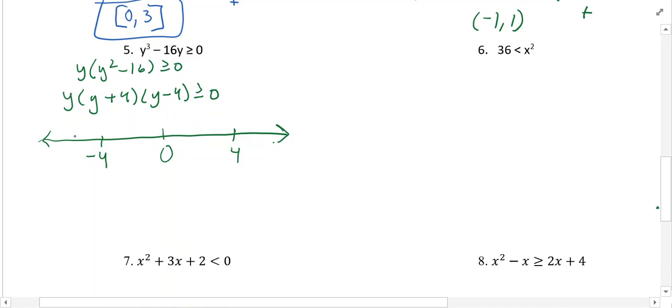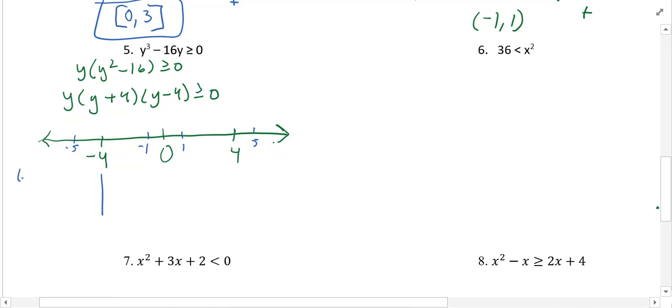So let's go ahead and do that. Here I'm going to try negative 5. Between negative 4 and 0, I'm going to try negative 1. Between 0 and 4, I'm going to pick 1. And to the right of 4, I'm going to pick 5. Again, this is just more work. Remember, you can plug it into any of these 3 equations, whichever you feel is easier. I'm going to do the top one because I think it's less steps, but it doesn't matter which one.